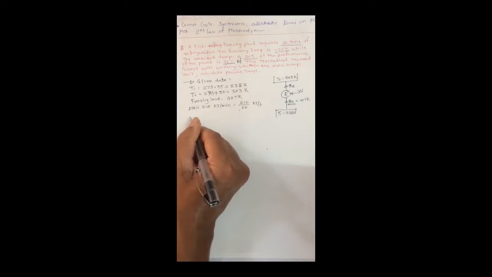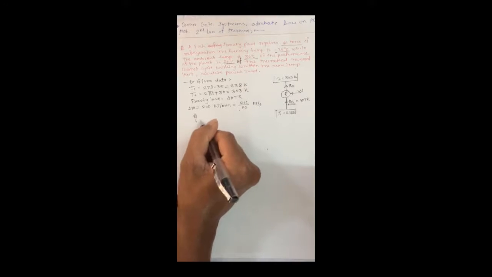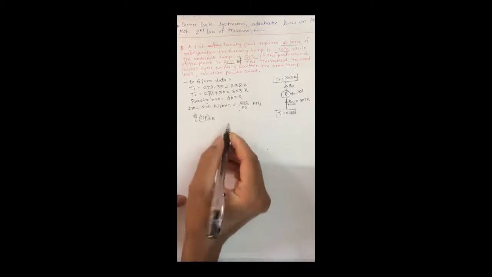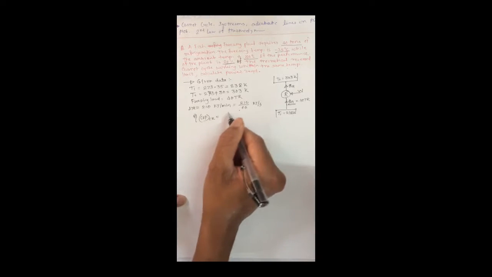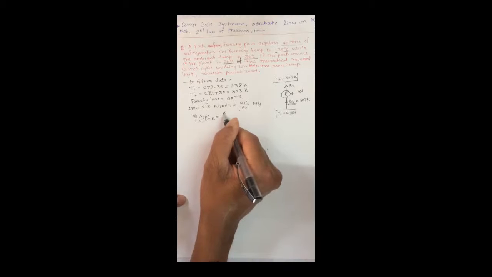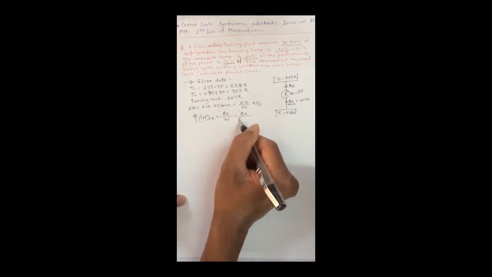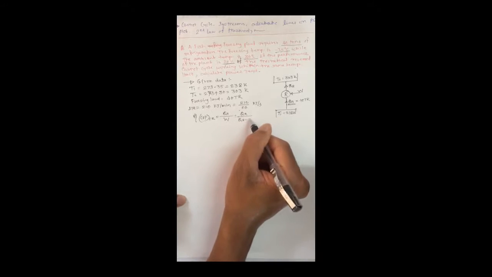As we know, the COP of the Carnot cycle, which is the reverse cycle, is equal to the desired output, QA upon W, which is QA upon QR minus QA.